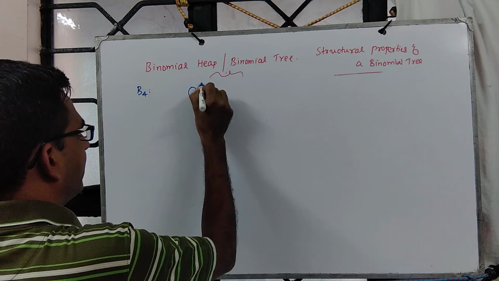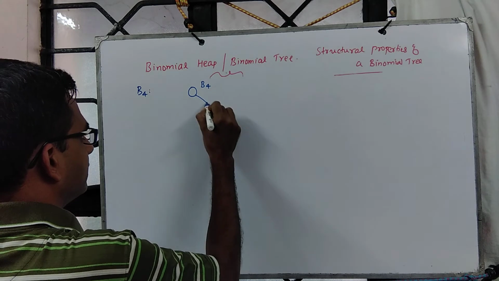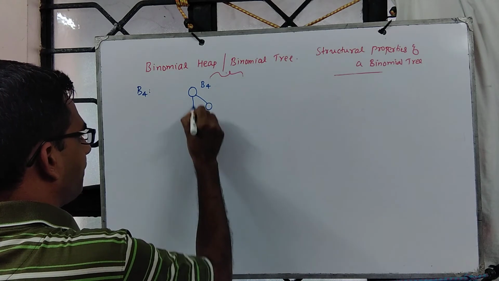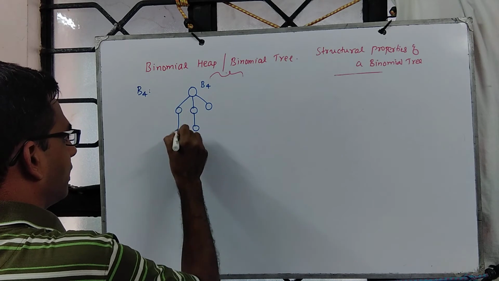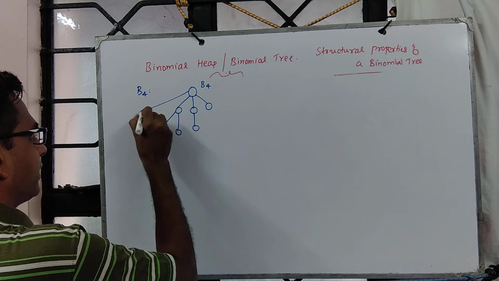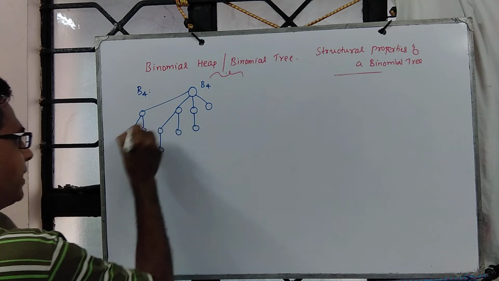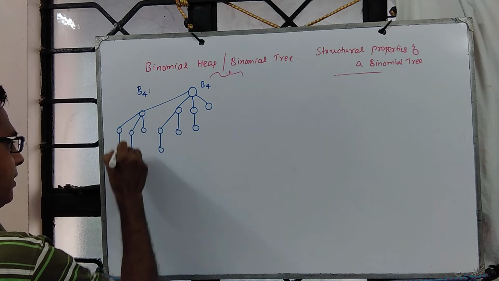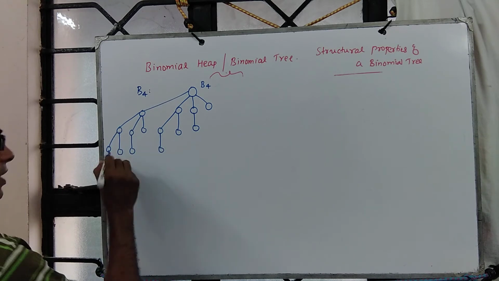If you look at b4, one of the structural properties says its children are b0, then we see b1, followed by b2. After that we get to see b3. And again if you look at this b3, it will have b0, b1 and b2.